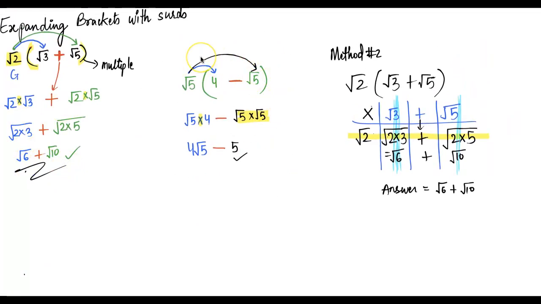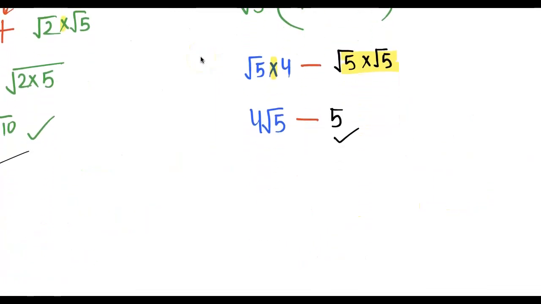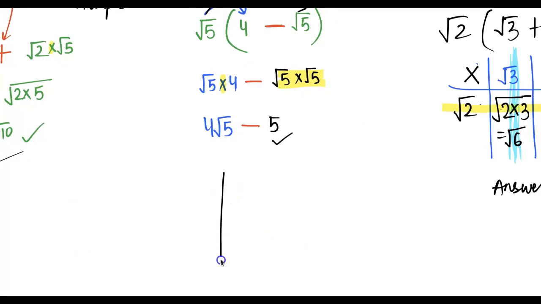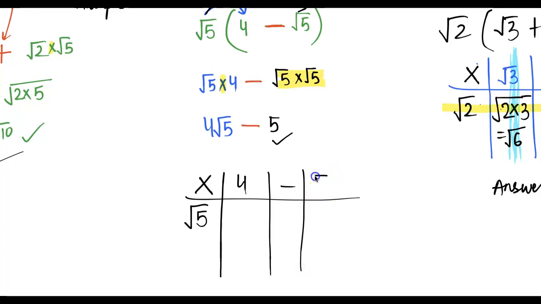Let's try the middle question again with method 2, the table method. We just draw a table and add an operator there. The outside number is root 5, and inside we have 4 take away root 5. We are just copying, going row wise, so we have copied root 5 there and root 5 here as well.